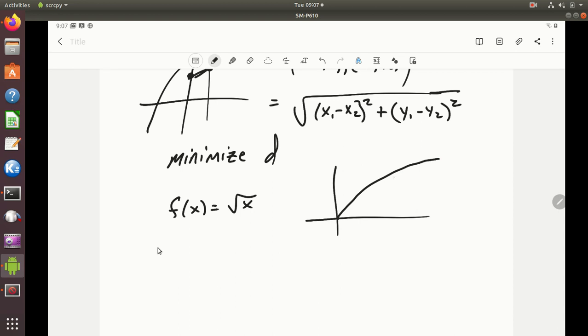right? And so what that means is that as I make the square root of something smaller, I am making that something also smaller. So here's, say, some x1 and some other x2. What's happening, right, is that as I move left and decrease x, I'm decreasing the square root of x.